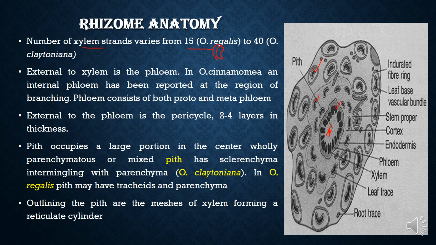Inside the xylem and phloem region is the pith region, which is mostly parenchymatous in most Osmunda, but in certain species there is a mixed type of pith, that is sclerenchyma and parenchyma.